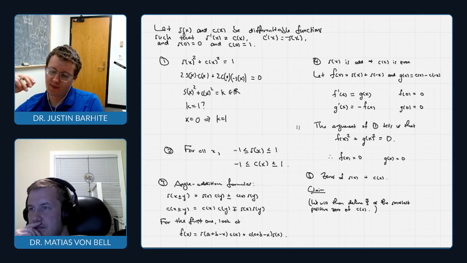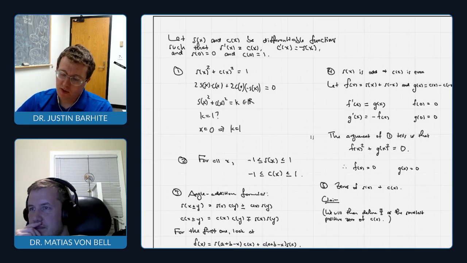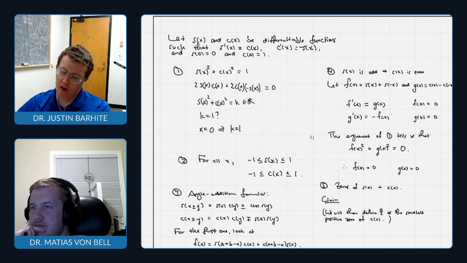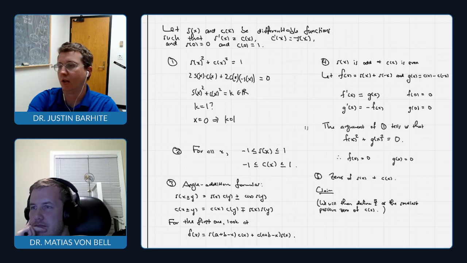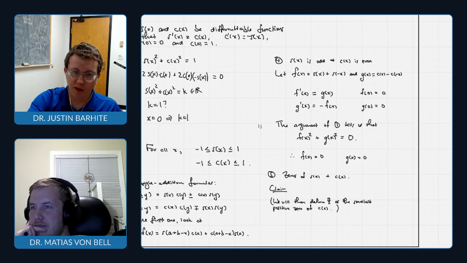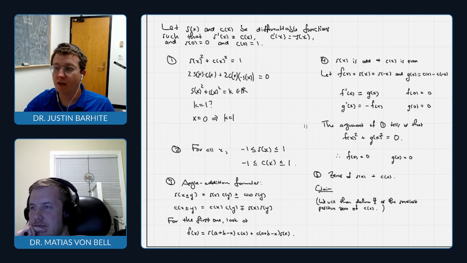If you're watching this as someone who's just had Calc 1 but not taken real analysis, this is a little detail you don't need to worry about. It relies on some properties of the real numbers, but I hope you'll accept as plausible that there is a well-defined smallest positive zero, as long as I know that there is one. If there weren't any zeros, this wouldn't make any sense.